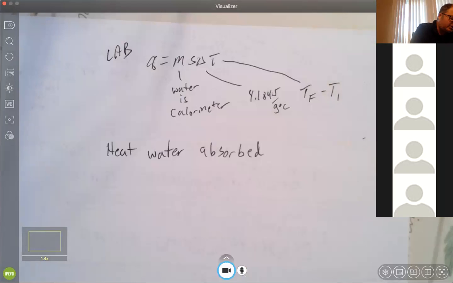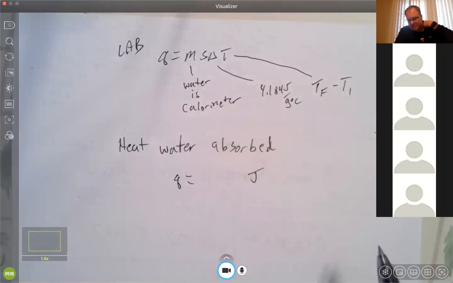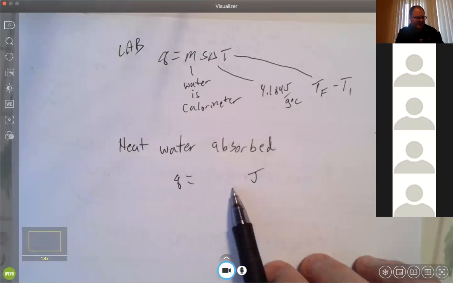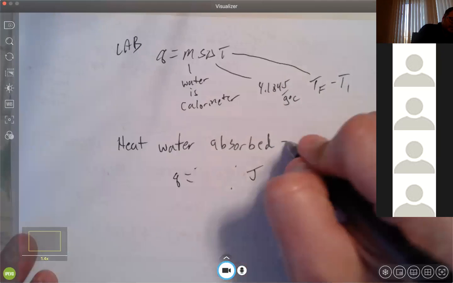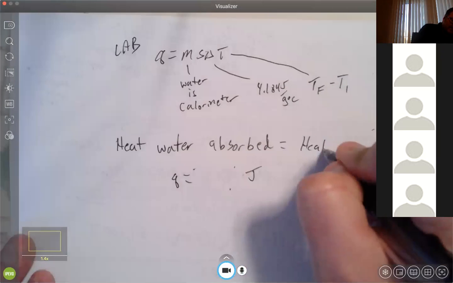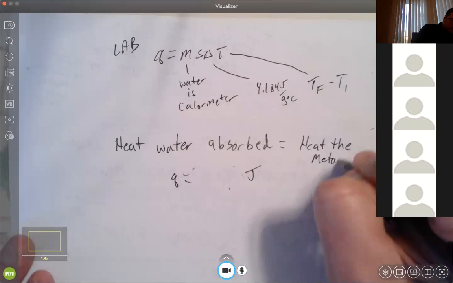So now you have a Q. And these are those last two questions where you're trying to solve the things. So now you have the heat the water absorbed. That heat the water absorbed is equal to the heat the metal lost.